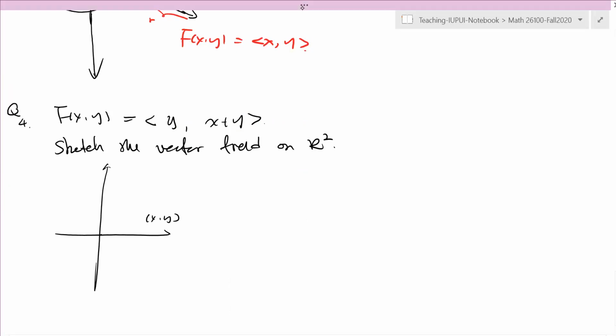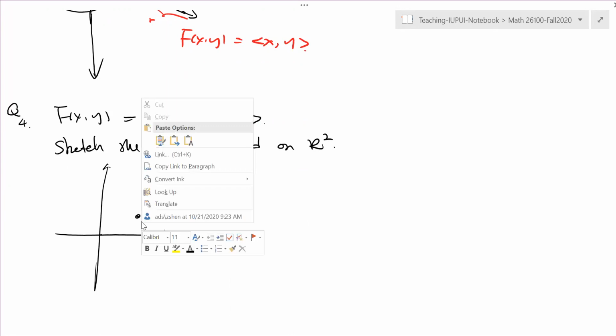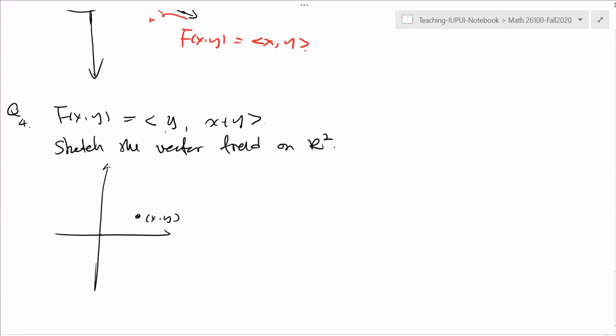Let's just fix the point. Let's draw the vector corresponding to x and y. So the x component would be y, so this is y, right? The y component is x plus y.